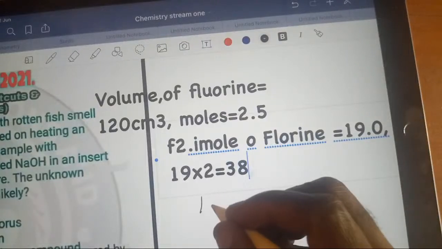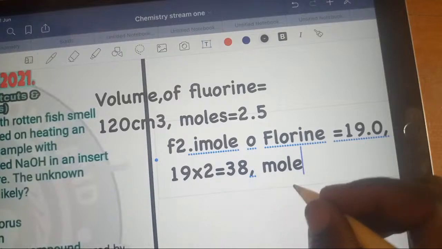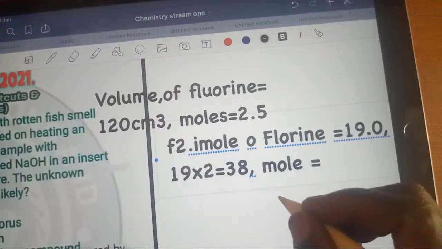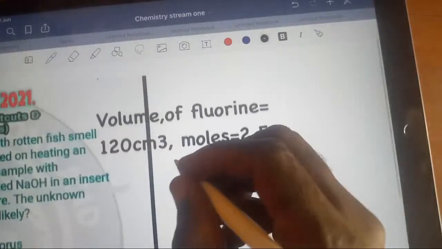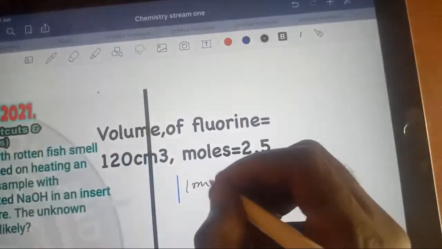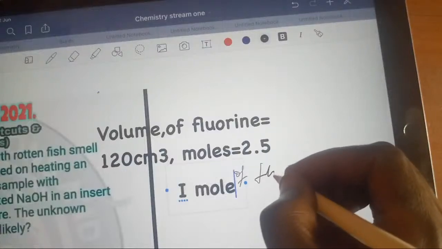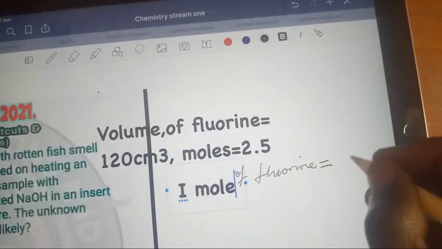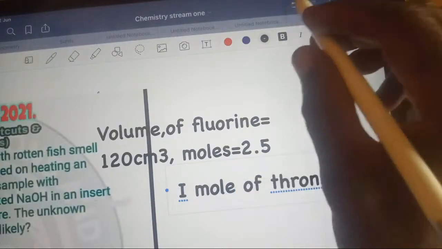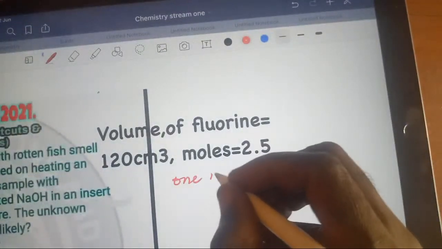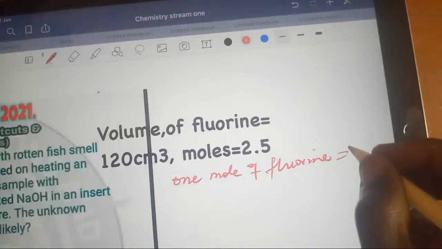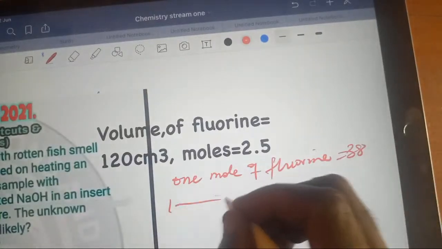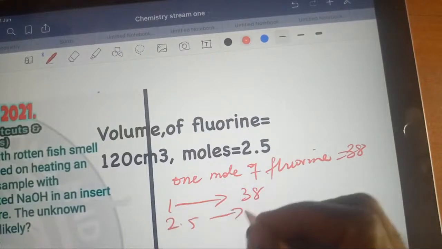So if 1 mole of fluorine equals 38 grams, then 1 will give you 38 and 2.5 will give you X. Simple.